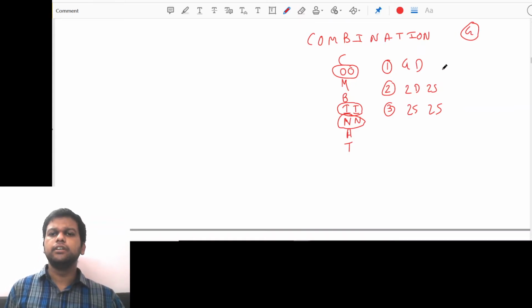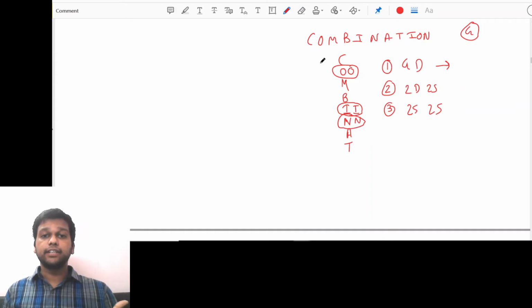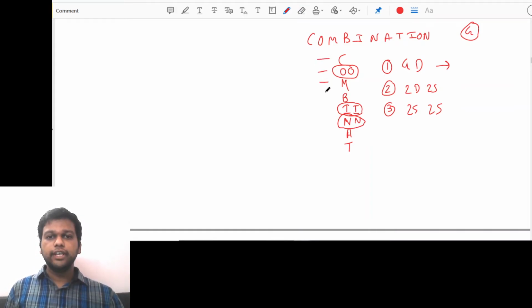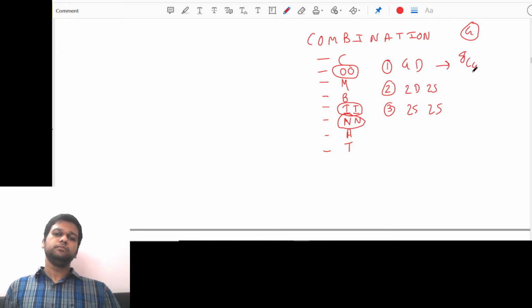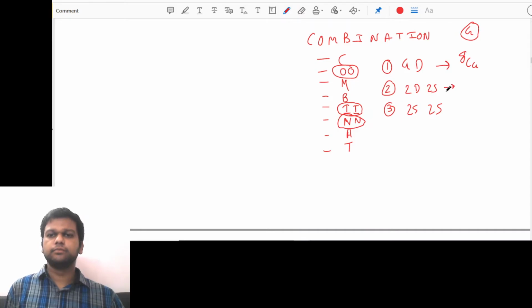So let's try to see 4 different. Now concentrate carefully. How many different letters are there? Do not count same letters. 1, 2, 3, 4, 5, 6, 7, 8. There are 8 different letters. So we can select 8C4 letters from this. Then let's select 2 same first because they are limited. 2 same letters can be selected. Understand? There are only 3 options that we have.